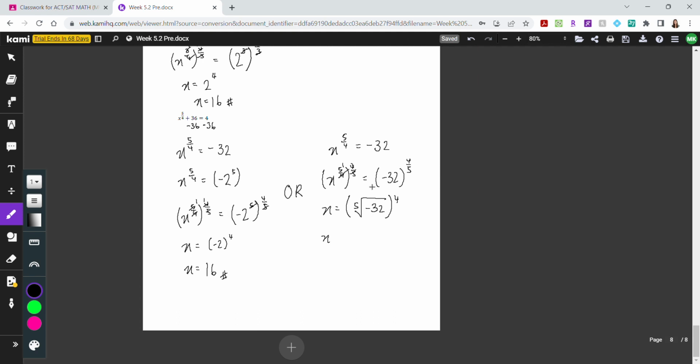From here, I know the 5th root of negative 32 is going to give me negative 2, and negative 2 to the power of 4 is going to give me 16. And that'll be the answer. All right. So you have 2 methods of solving this question. Eventually, as you can see, they pretty much boil down to the same thing. So use whichever one makes it easier for you to use.